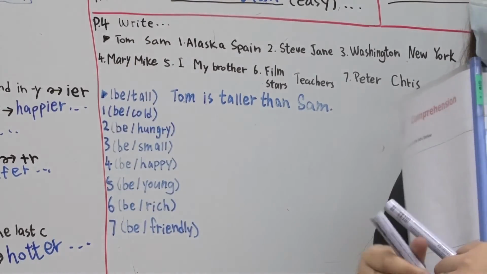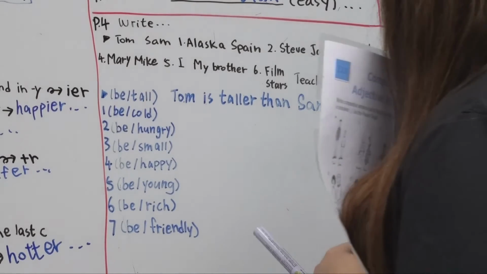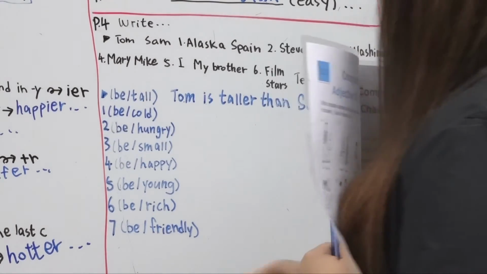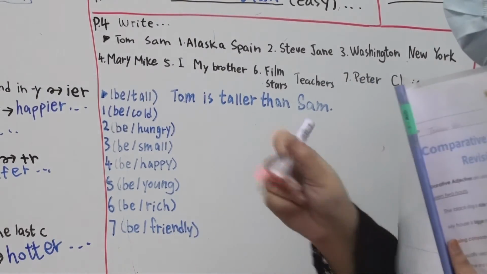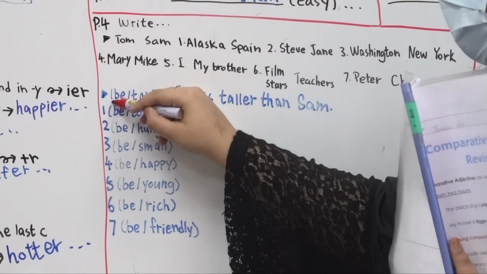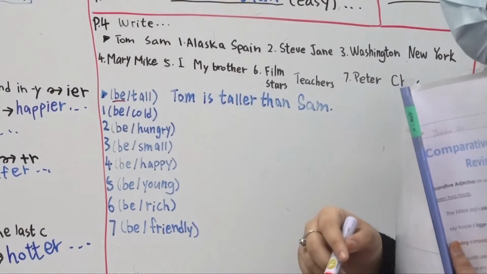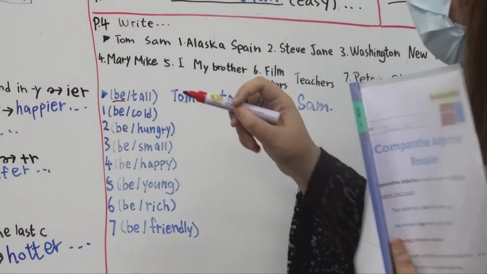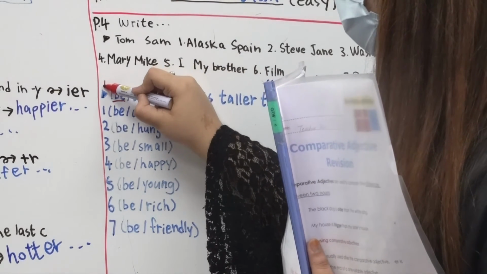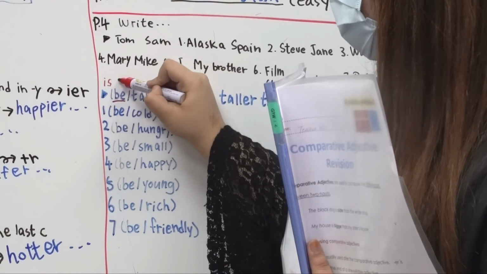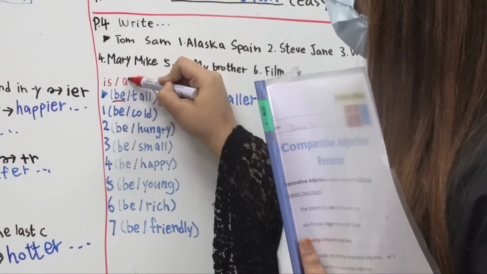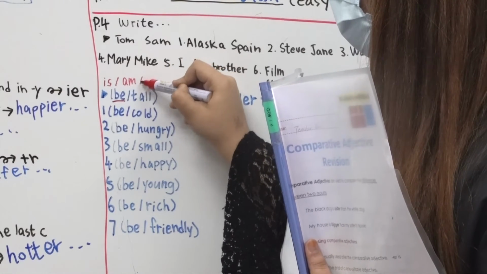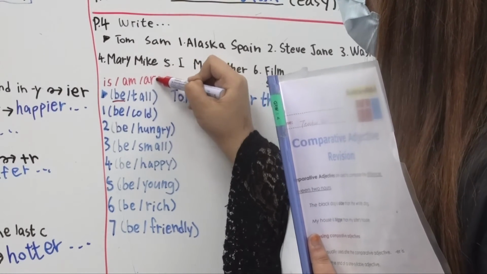So what is be? Do you know the meaning of be? Be is a verb, alright? Be is a verb here. It said we use present tense, right? So for present tense, we only use is, am, or are, remember?